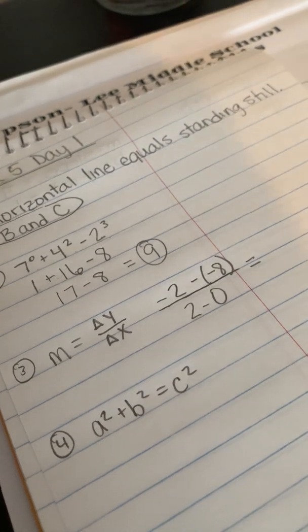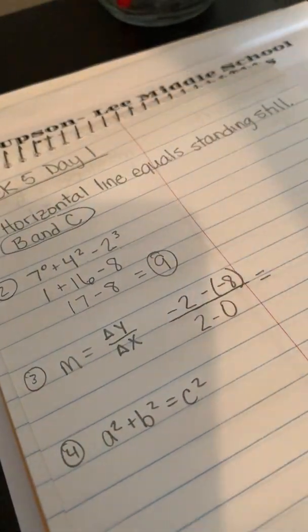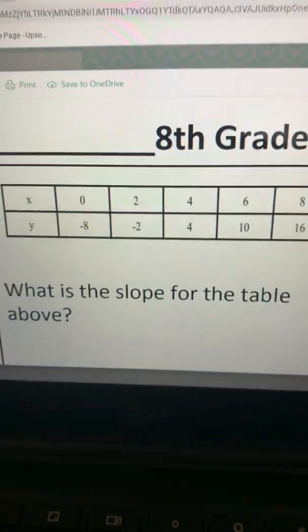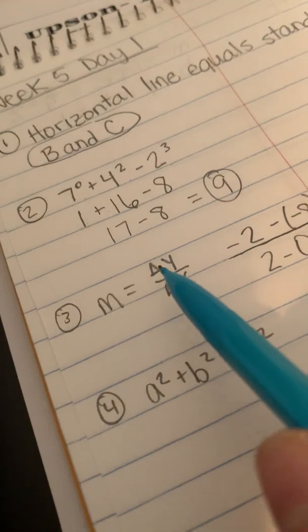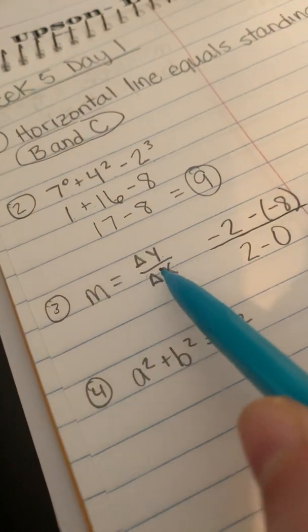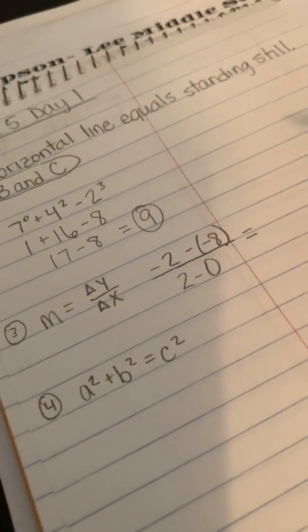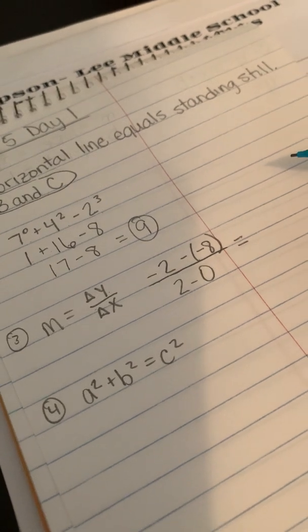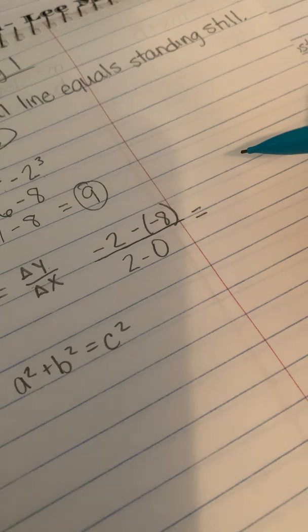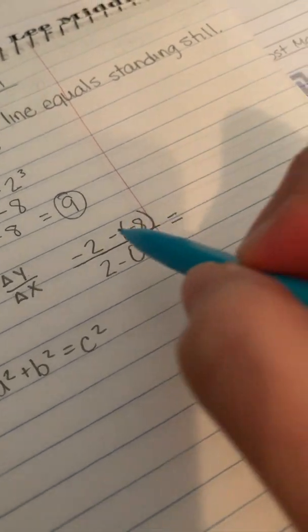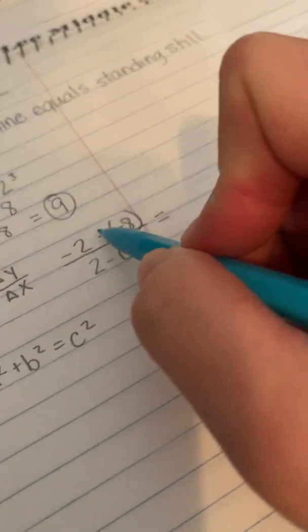Number 3 says, what is the slope for the table above? When you have a table and you need to find slope, the definition of slope is the change in y over the change in x. So you're going to pick any 2 points, and I just picked the first 2, and I did the change in y over the change in x. So the change would mean we subtract.